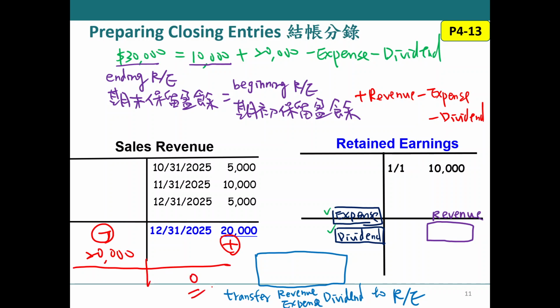Okay, so accounting is quite easy. How to make the number become 0? Same amount on the opposite side become 0. Okay, so the first thing is what? Put the same amount on the opposite side. So you are going to put the same amount.